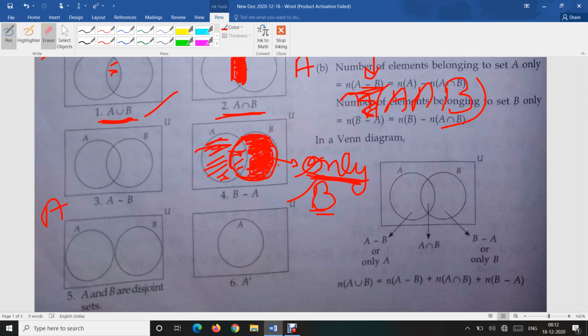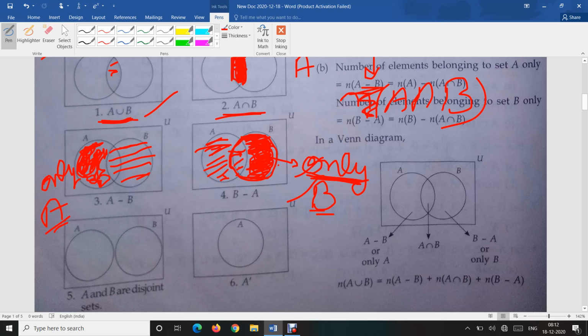You have to remove all this portion. Now you are left with only this shaded portion, and this shaded portion will be only A.